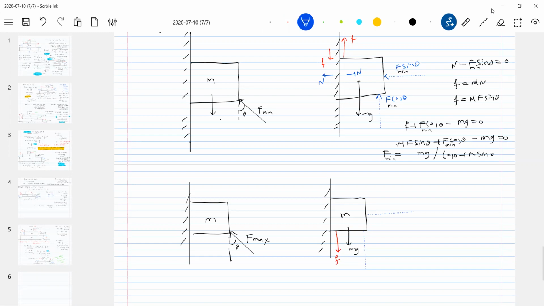And then what about the normal contact? This will be N. This will be N. What is this force? F max sine theta. And what about this? F max cos theta. What is N? N minus F max sine theta equals 0. Then along the y-axis, F max cos theta minus mg minus f equals 0.